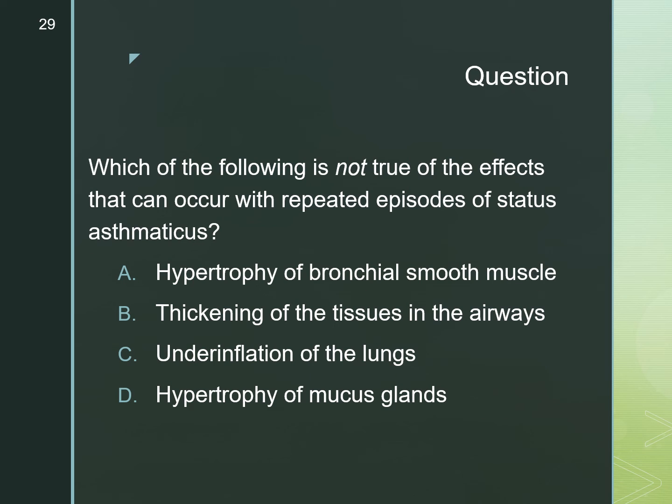So question, which of the following is not true of the effects that can occur with repeated episodes of status asthmaticus? The correct answer is C, underinflation of the lungs, because usually we're going to see hyperinflation of the lungs.